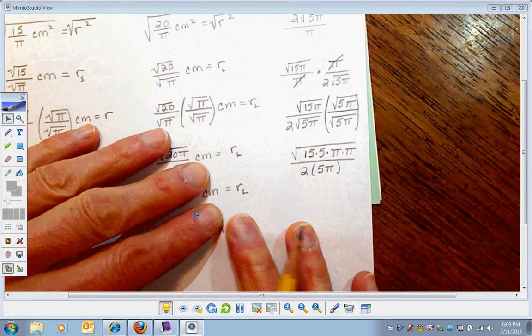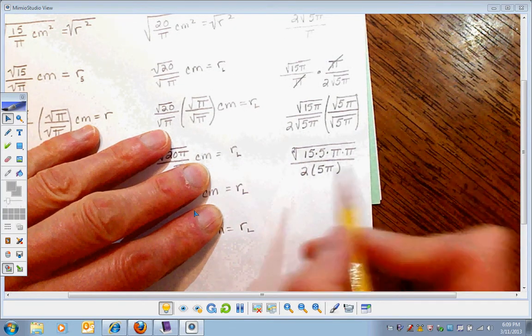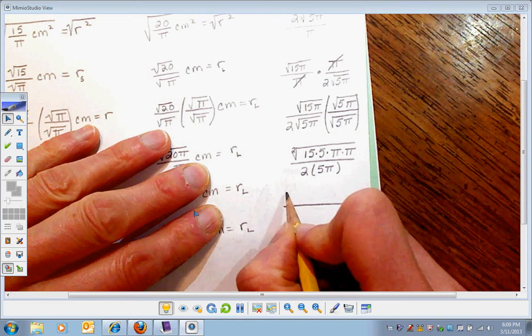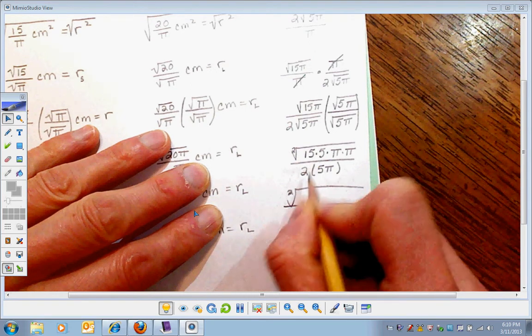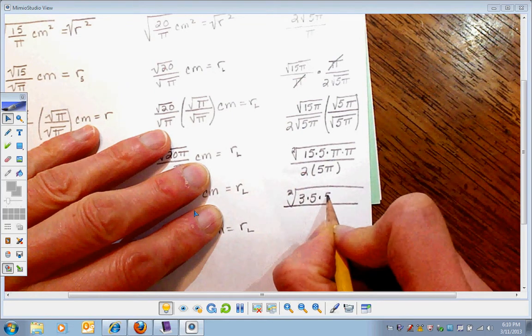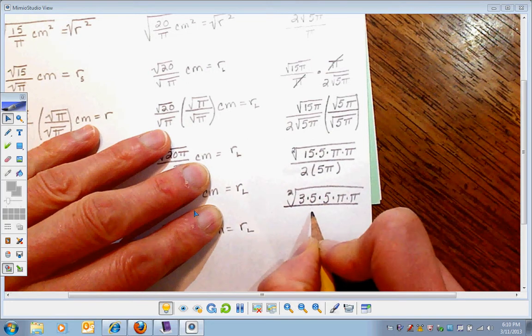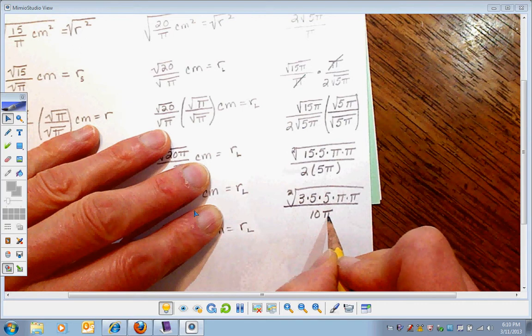So when I have a square root, this is saying look for 2 of the same and take it out. So that means that this is 3 times 5, which is my 15, times 5, times pi, all over 10 pi, because that's 2 times 5 pi is 10 pi.